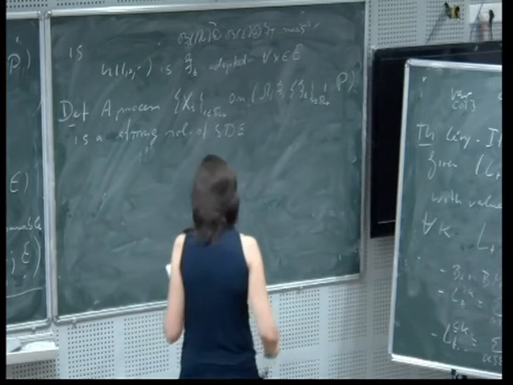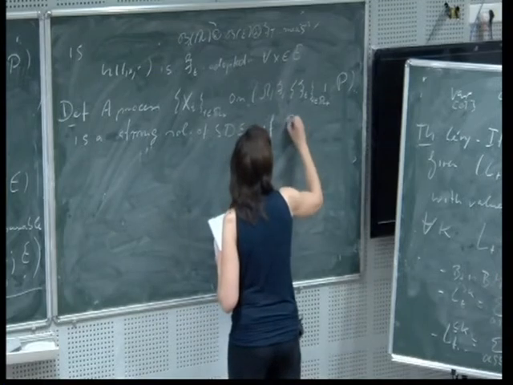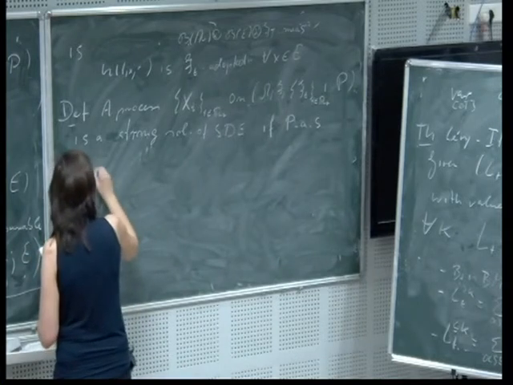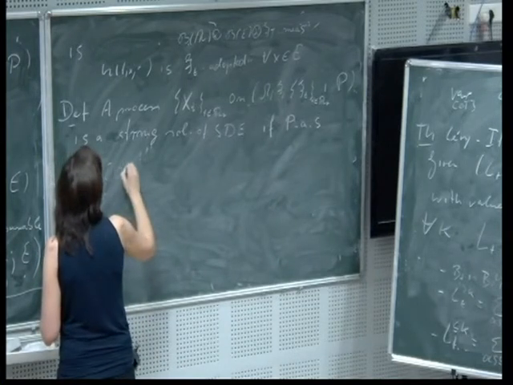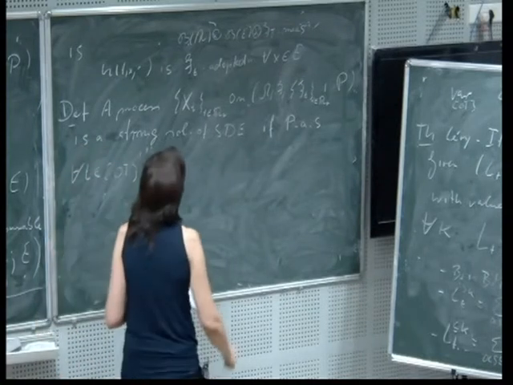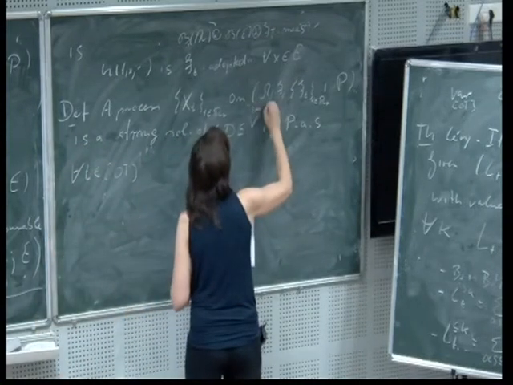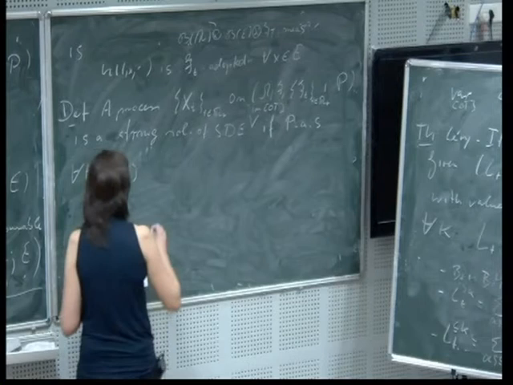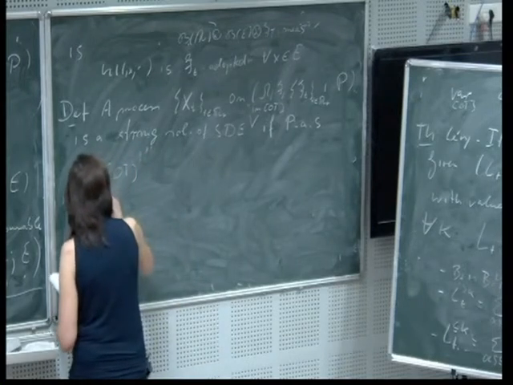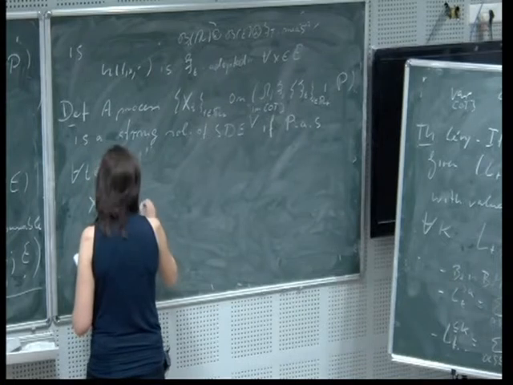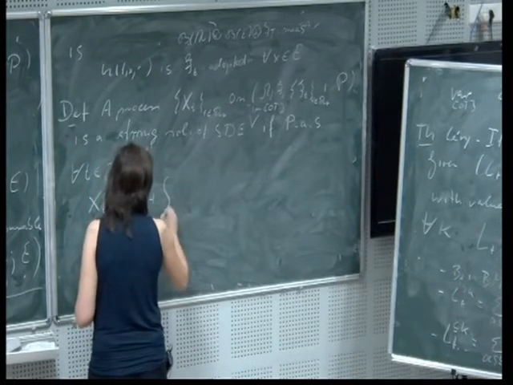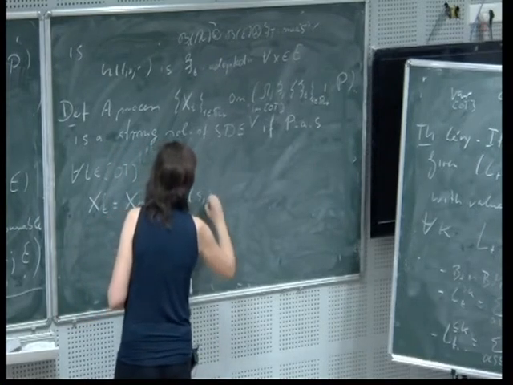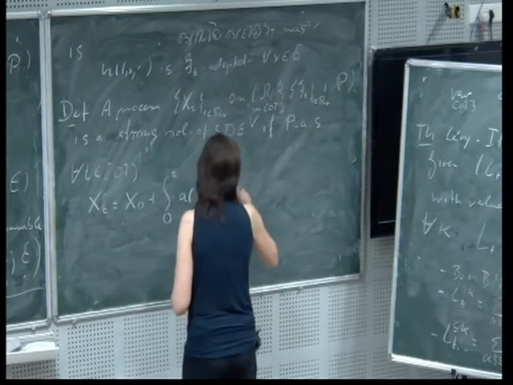if P almost surely it holds for all t in [0,T], it is a strong solution in [0,T], if you like, yeah? If for all t in [0,T], X_t is equal to X_0 plus the integral from 0 to t of A(s, X_s) ds.